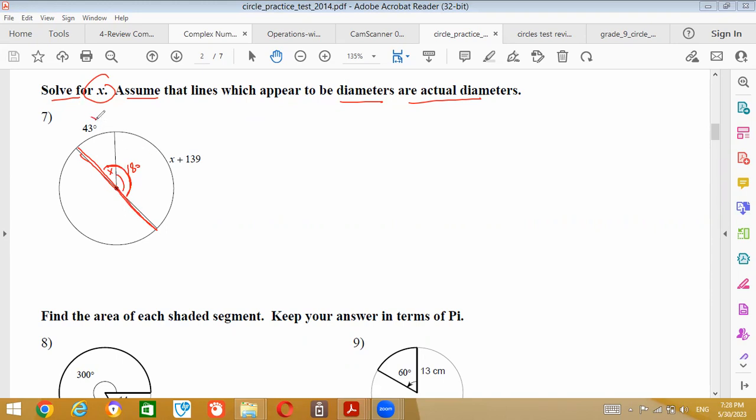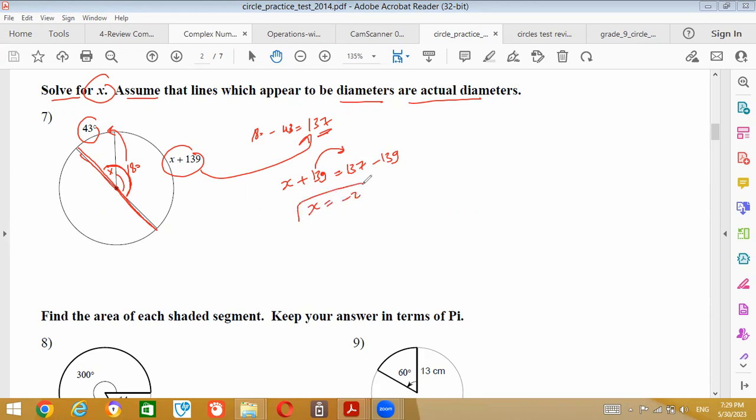So if this angle is 43, you subtract 180 minus 43 to get the result. So it's 137. After that, this angle will be equated to this measure. So x plus 139 equals 137, and then transfer this number to the other side with negative sign. So x equals -2. This is the measure of x.